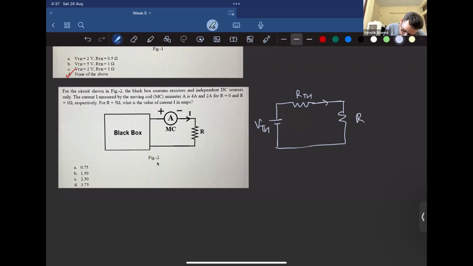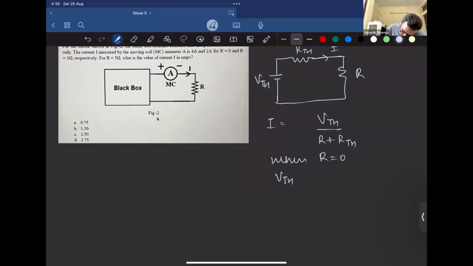I is this. Now, what's the question saying? It's saying when R is 0, the current is 4 ampere. I can be written as VTH upon R plus RTH, right? So when R is 0, VTH by RTH is equal to 4, or VTH is equal to 4 RTH.